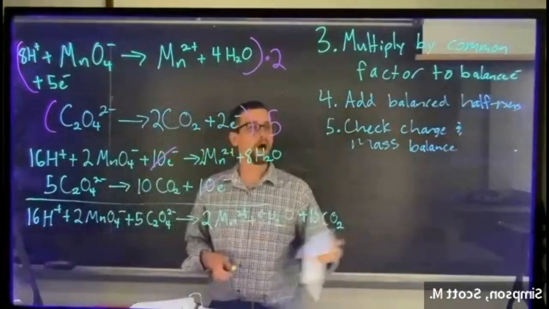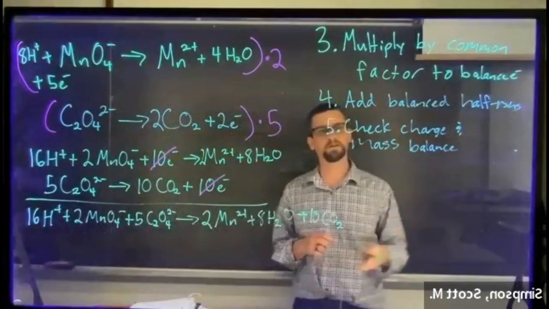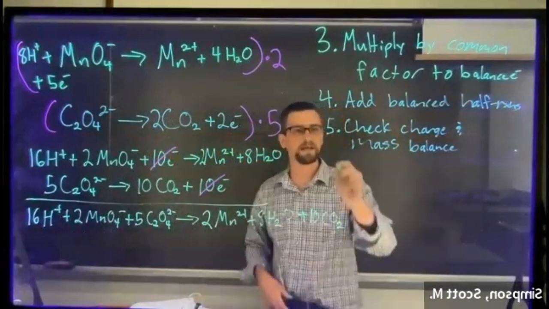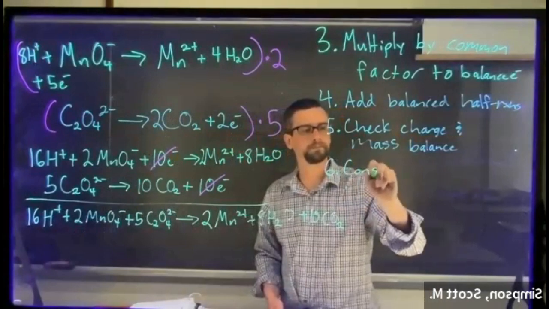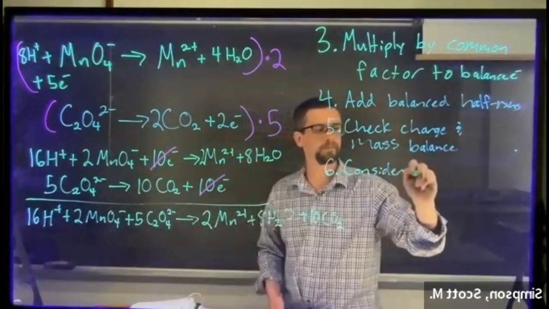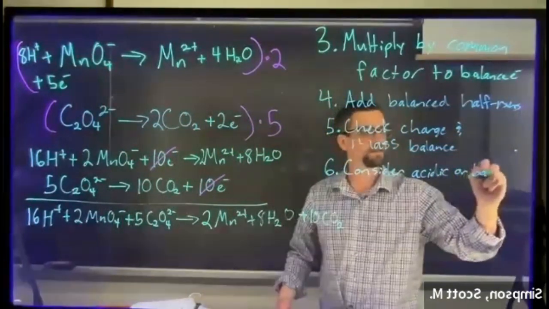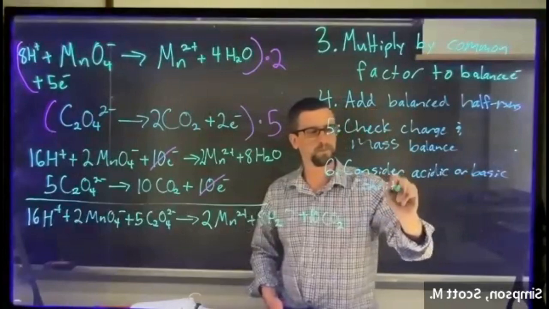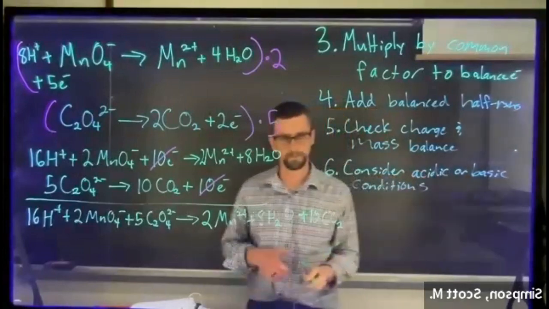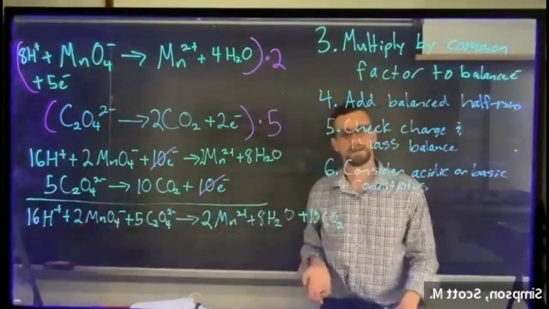Okay. The next thing that we want to do is consider if the reaction is being conducted under acidic or basic conditions. If it's under acidic conditions, we need to have H plus in existence.